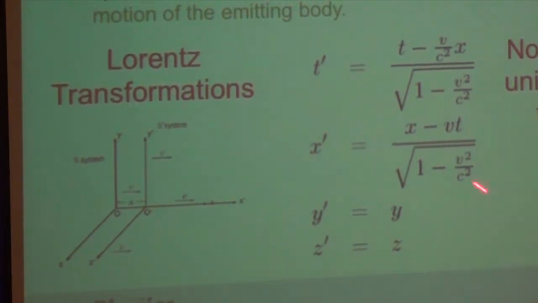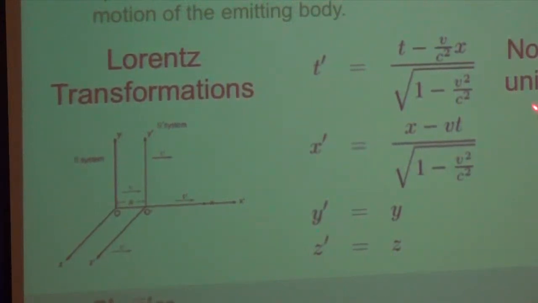So the difference here: we have this x minus vt, and notice this looks very similar to the Galilean transformation, where before we had t prime equals t. So if v is much, much smaller than c, right? If the speed of the relative motion between my inertial frames is small, then what happens? Well, this thing just looks like 1, right? I have 1 minus some very small number, so I can just neglect it.